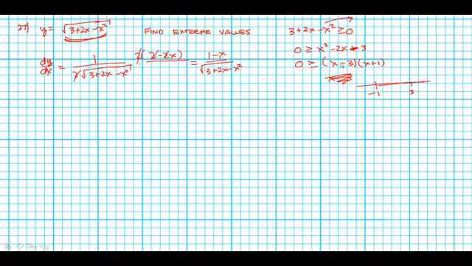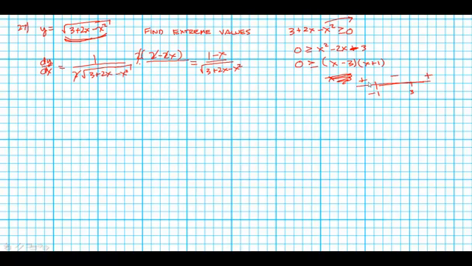When both of these things are positive, we get a positive value, which is not less than 0. When we're inside here, this part gives me a negative value, and this part gives me a positive value, which nets out to a negative, and we're satisfying this inequality.